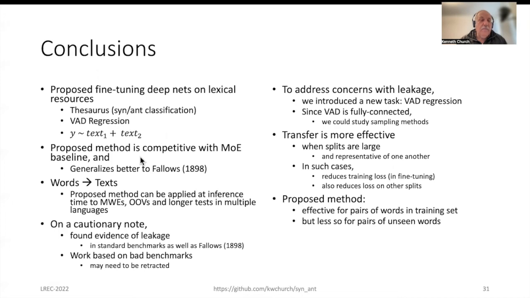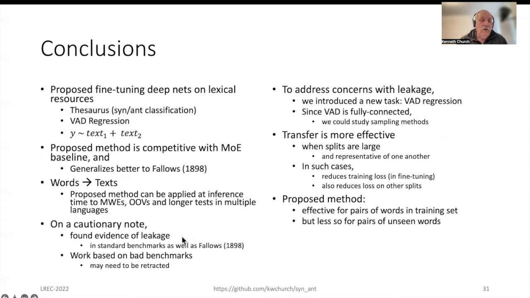The proposed method is competitive with the baseline on the cases that it was designed for, and it generalizes better to a case that wasn't considered in the original paper. Then we looked at how you can train on words and make inference on text. And in this way, we could talk about multiword expressions, out of vocabulary words, longer texts in many languages, sentences, paragraphs, and so on.